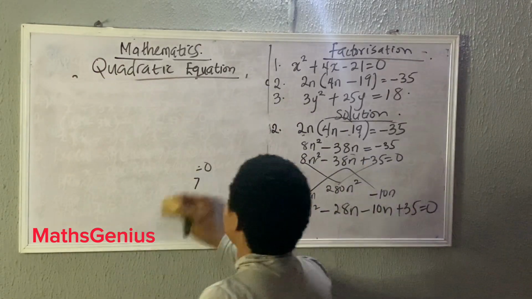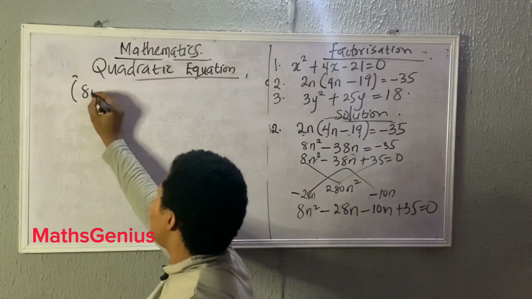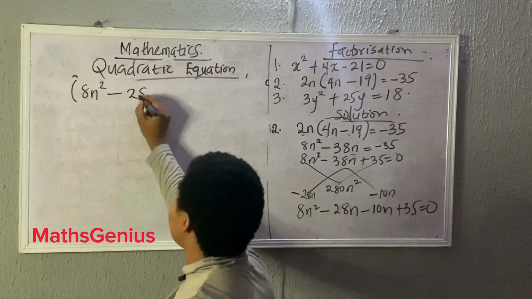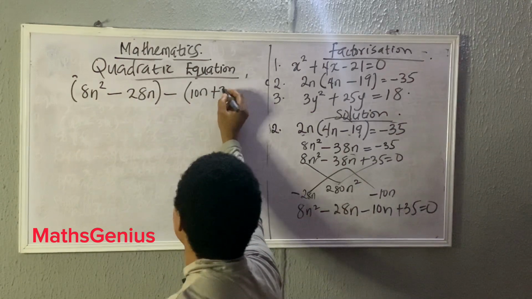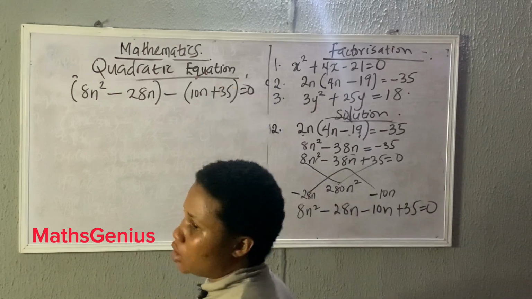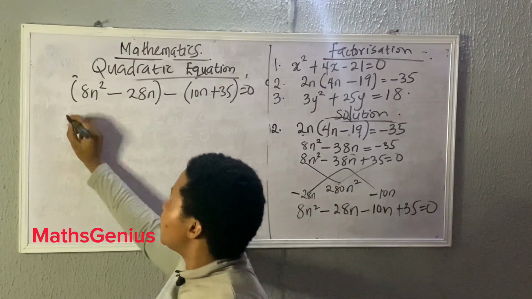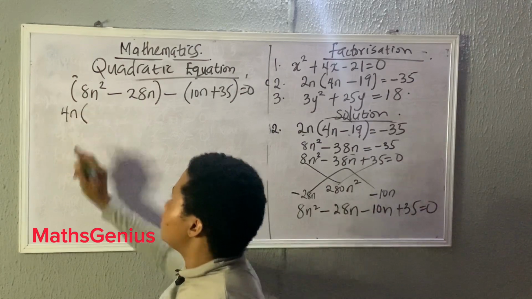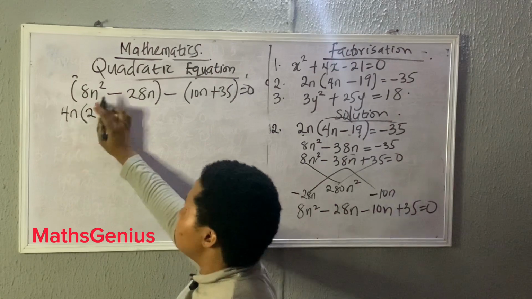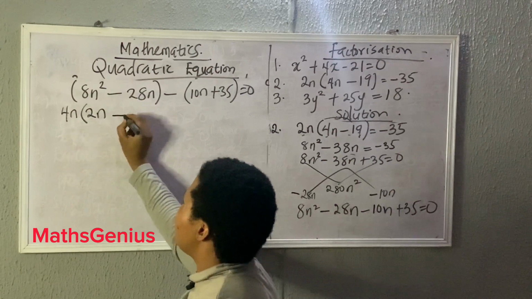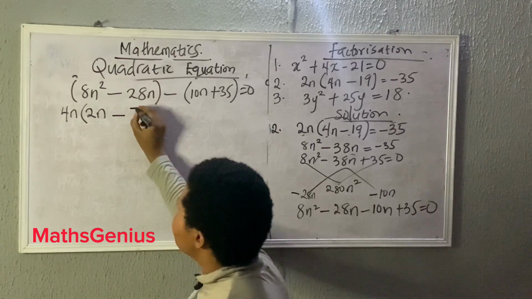So now let's solve properly. By grouping, 8n squared minus 28n, minus 10n plus 35 equals 0. Something that's common between those two, and that's what? 4n. 8 divided by 4, we have 2. n in n squared, we have n. Minus 4 in 28, we have 7.